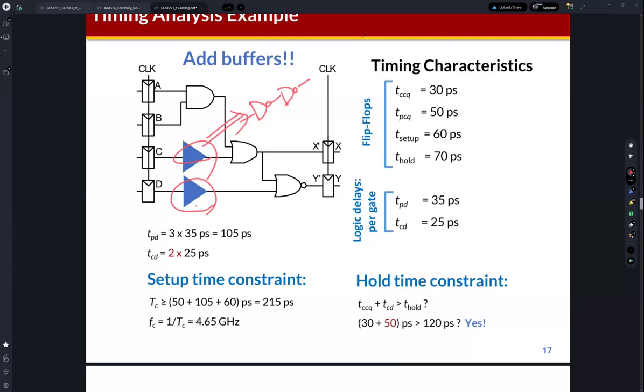But in order to meet the hold time constraint, we need to increase the number of gates, so the cost can be increased. In order to make a stable system, we need to increase the cost.